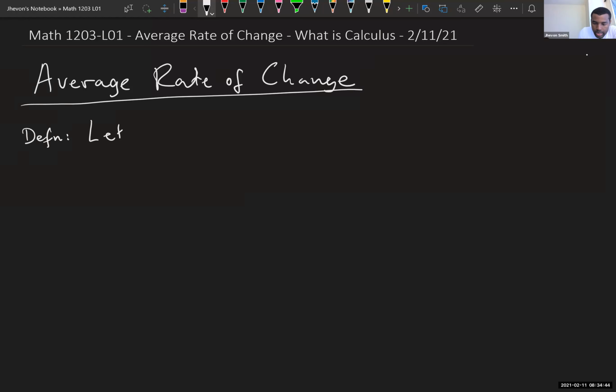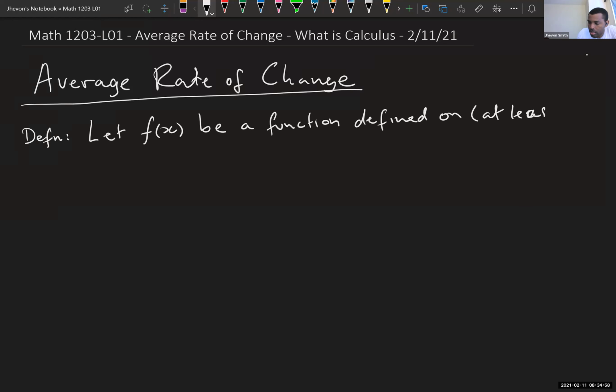So let f of x be a function defined on at least, could be defined on more, [a, b]. Another way of saying that is defined for x greater than or equal to a, but less than or equal to b.